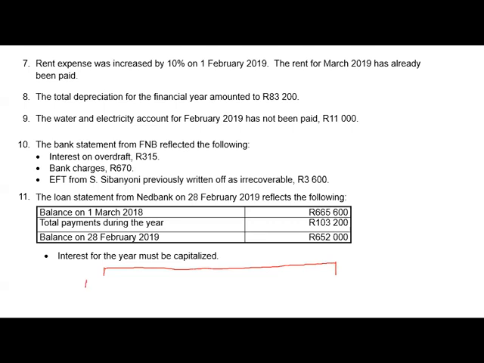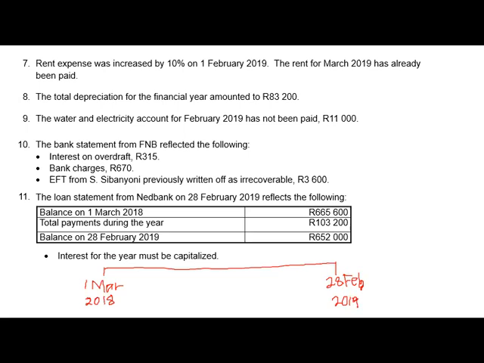Our financial year starts on the 1st of March 2018. It ends on the 28th of February 2019.